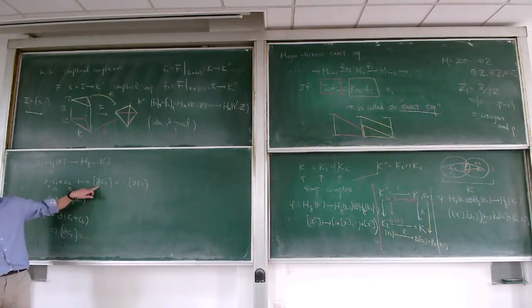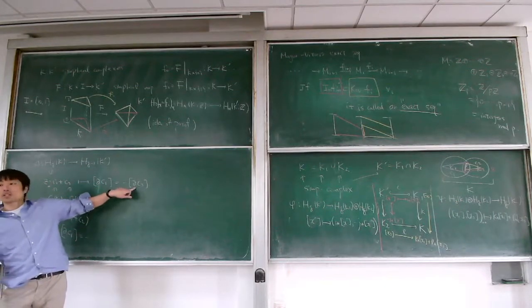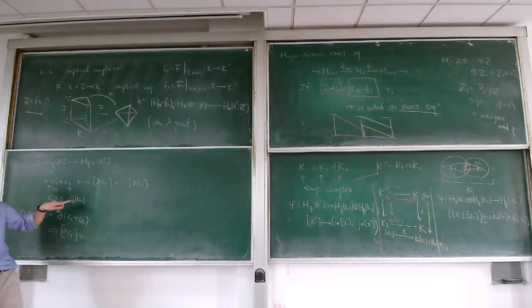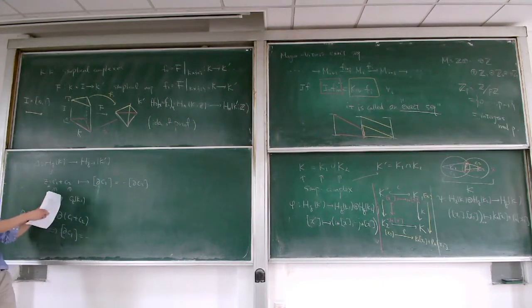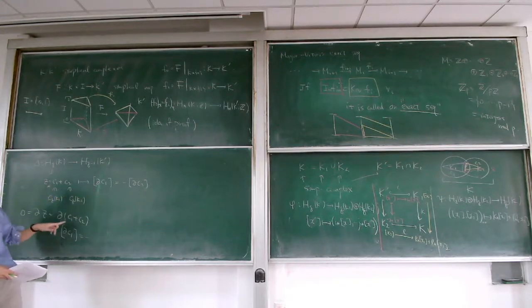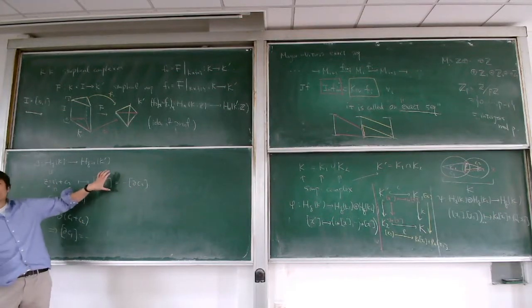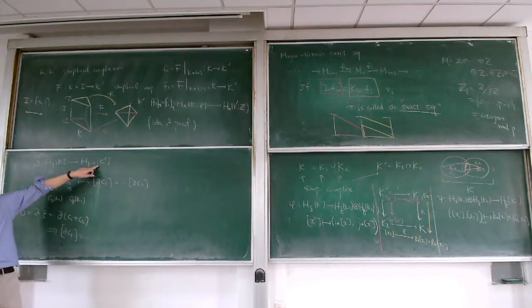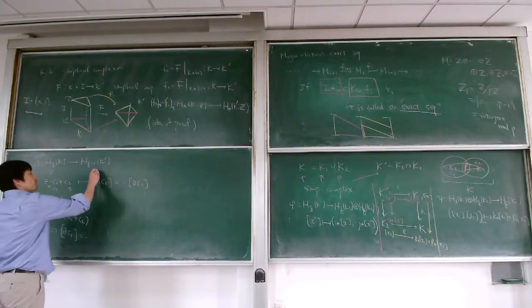The boundary of C1 lives in K1. On the other hand, the boundary of C2 lives in K2. So this element has to live in the intersection, K prime. So I define delta this way.